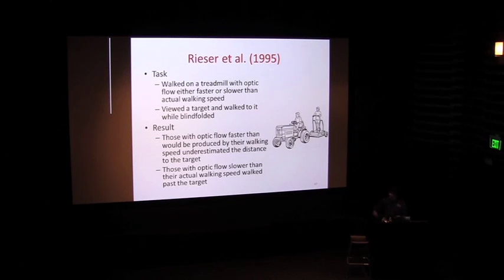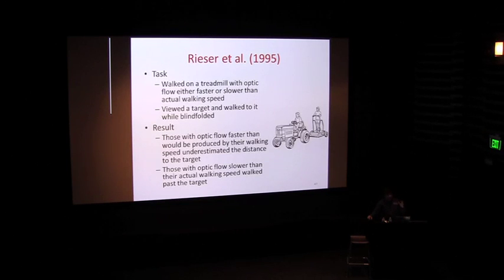This is the exact setup here, this illustration over here. So this is a treadmill that was pulled around by a tractor in a field. And so the tractor basically allowed a participant to go faster than their walking speed in terms of experiencing higher optic flow, or slower than their walking speed in order to experience slower optic flow.